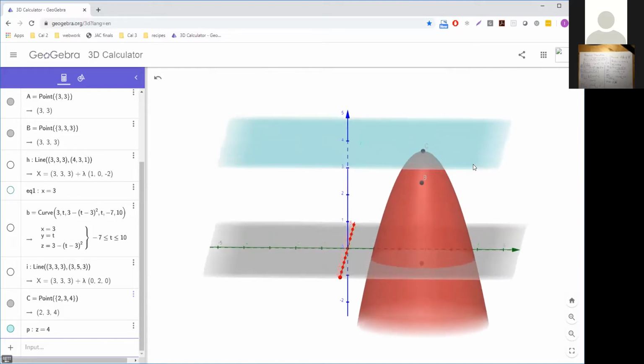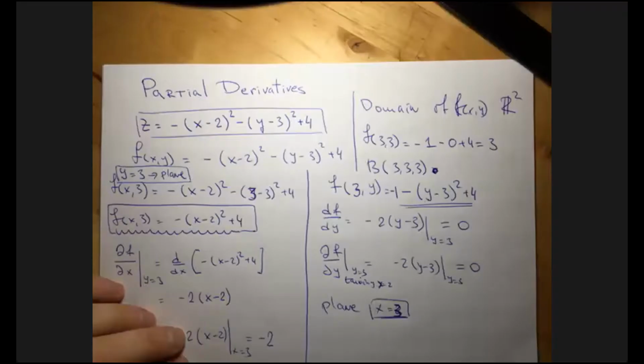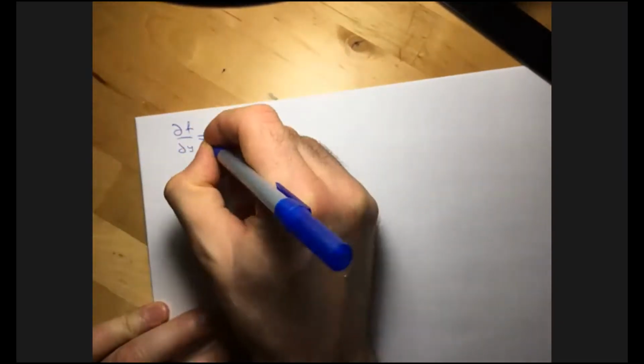Well, in order to do that, what do I need, right? A plane is spanned by two vectors. So it is not going to be enough that partial f, partial y is 0.